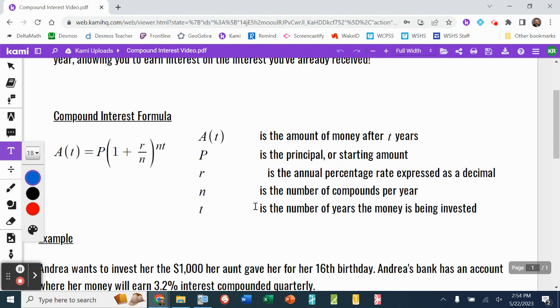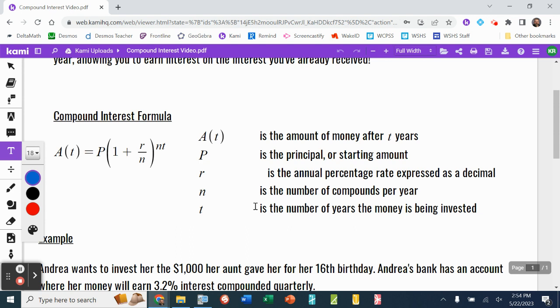Now, why do we raise that quantity to the n times t power? Well, since t is the number of years of the investment, we have to think about how many times we're going to receive this lower interest amount, this portion of the interest. So again, if it's semi-annual and I'm investing for 10 years, I'm actually going to receive interest 20 times, that is 2 times 10 over the 10-year investment.